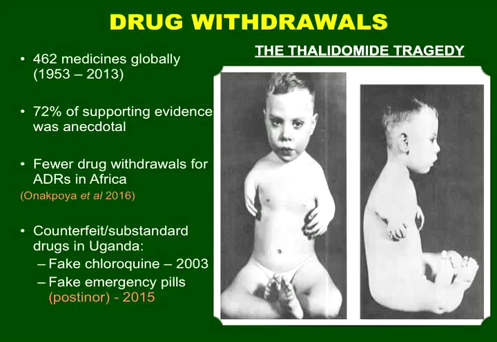For instance, in 2003, a batch of injectable chloroquine failed a quality test and it was withdrawn from the market. And as recent as November last year, several batches of an emergency contraceptive were withdrawn because they were found to contain no active ingredient of levonorgestrel.